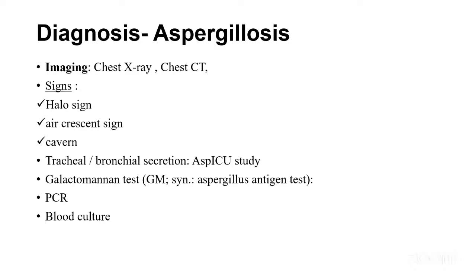If two PCRs are negative, then in 92.4% there is no invasive aspergillosis as per studies. Results are very poor in non-neutropenic patients, sensitivity only 11%. And if a patient is already on azole prophylaxis, PCR detection is also difficult. Then blood culture is almost always negative in mold infection, but if it is positive, it is 100% mortality.